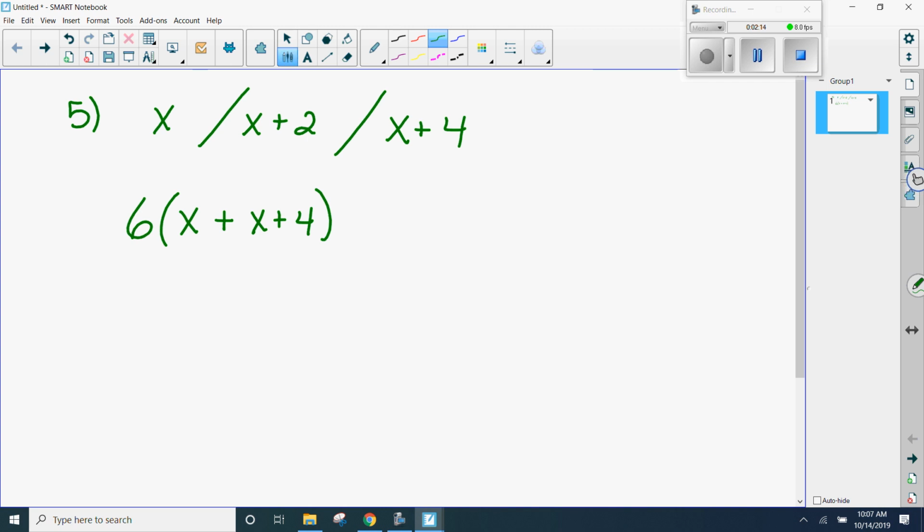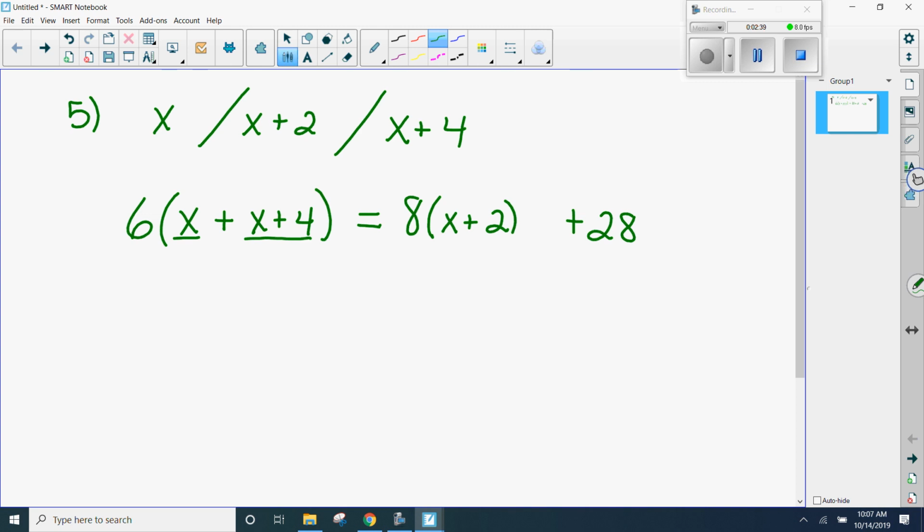So 6 times the sum of the first and the third is 28 greater than. "Is" means equal to. 28 greater than, you're going to add, so go off to the side and add your 28. 28 greater than 8 times the second. And your second is x plus 2.